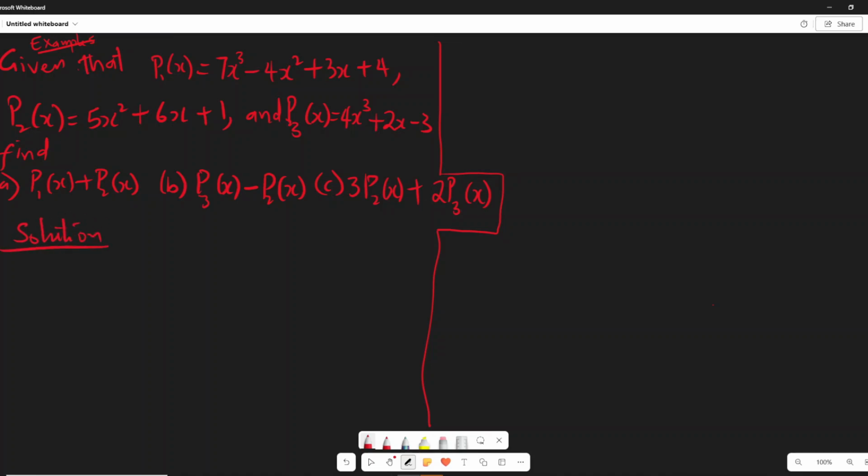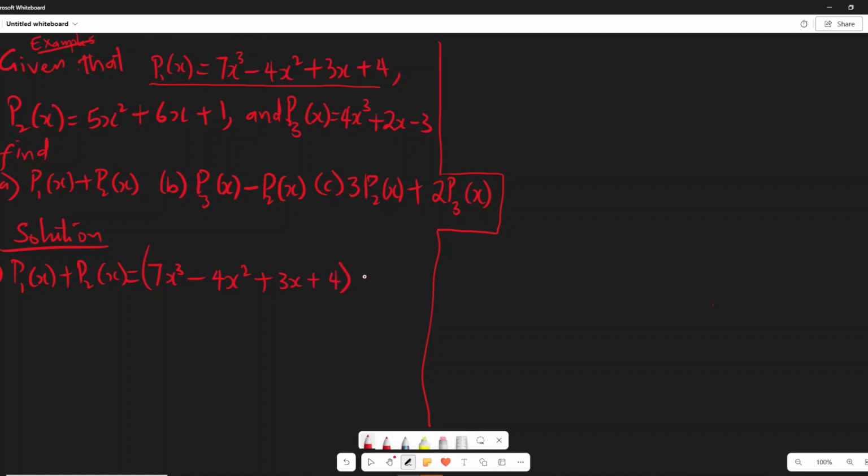First of all, it's very easy. For p1 of x plus p2 of x, I'm going to write out the first polynomial, p1 of x, in a bracket: 7x cubed minus 4x squared plus 3x plus 4.